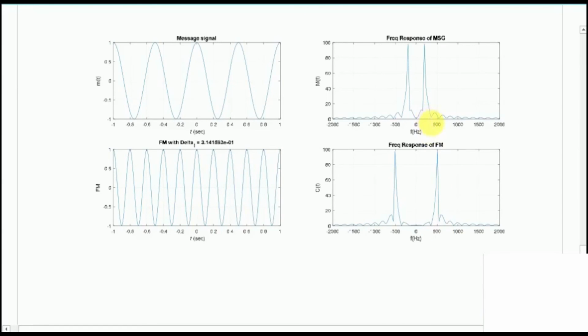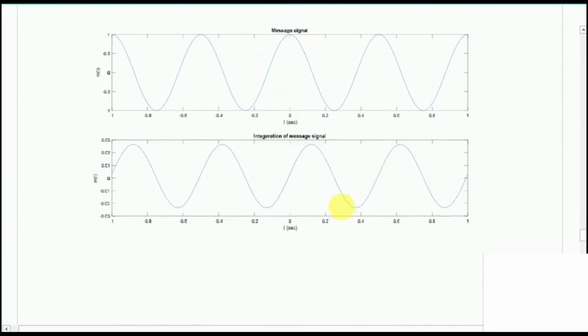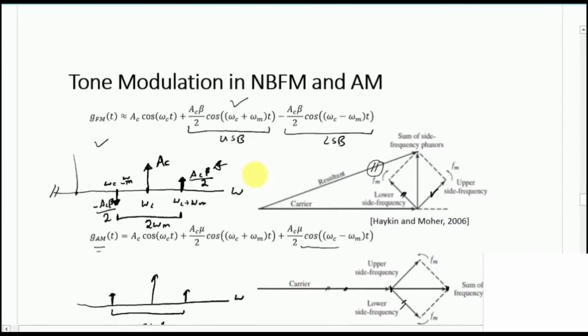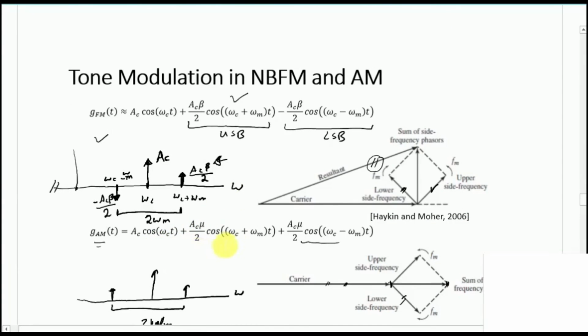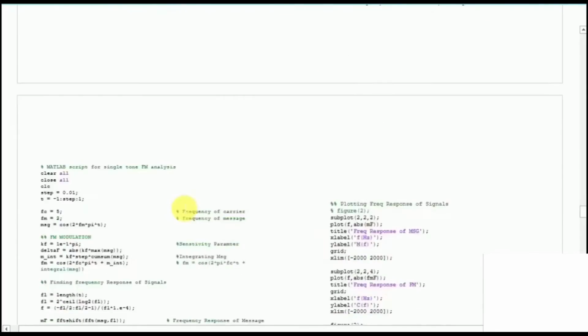So the frequency is almost doubled. This is similar to AM, where the frequency doubled for an AM signal. Remember, this function is AM with large carrier, upper sideband, lower sideband plus the carrier. So this is the generic AM.